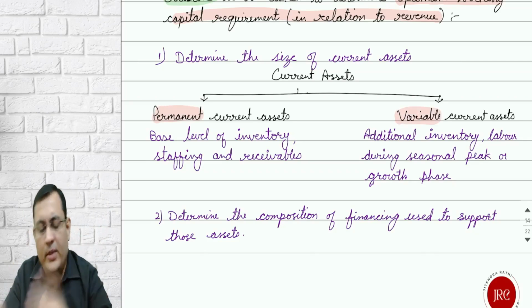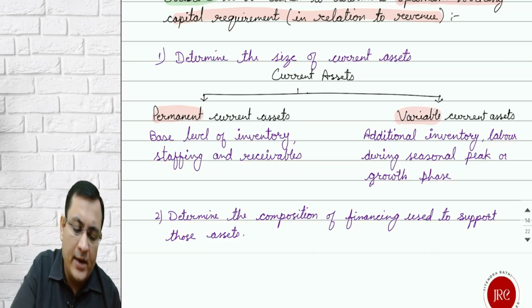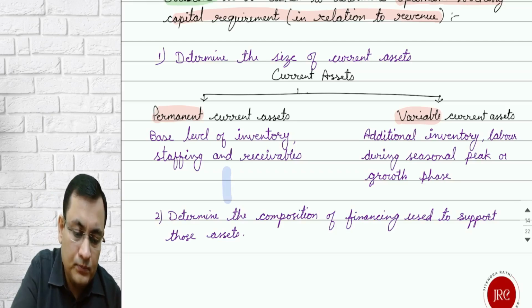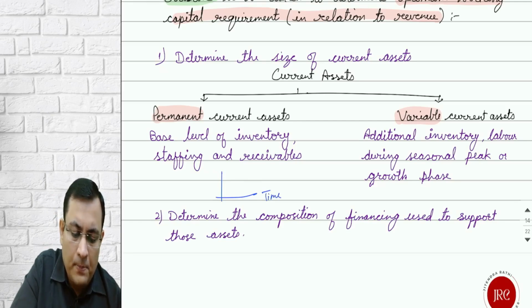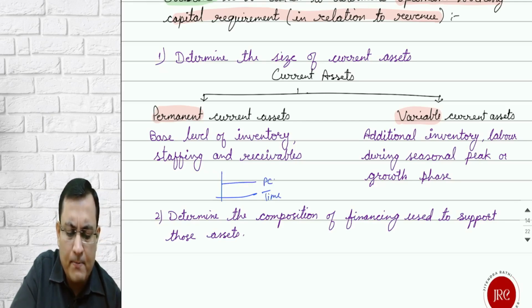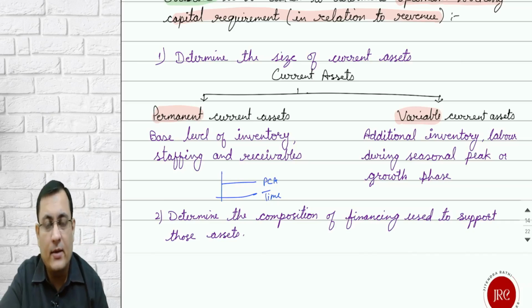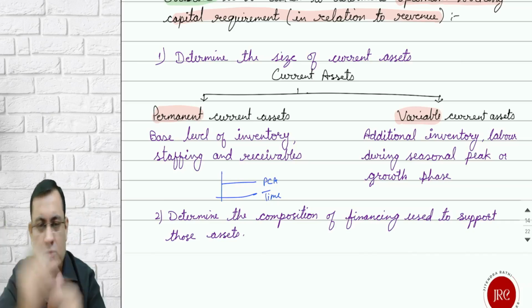Now what do we mean by permanent current asset? If I draw a diagram in relation to time, the permanent current asset will be constant irrespective of the business situation.